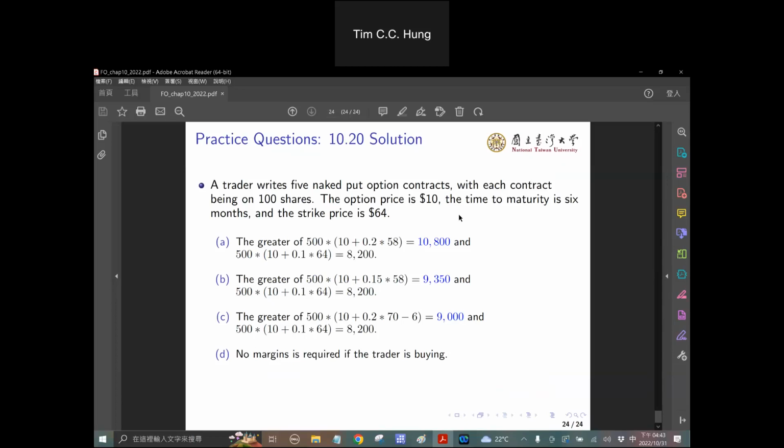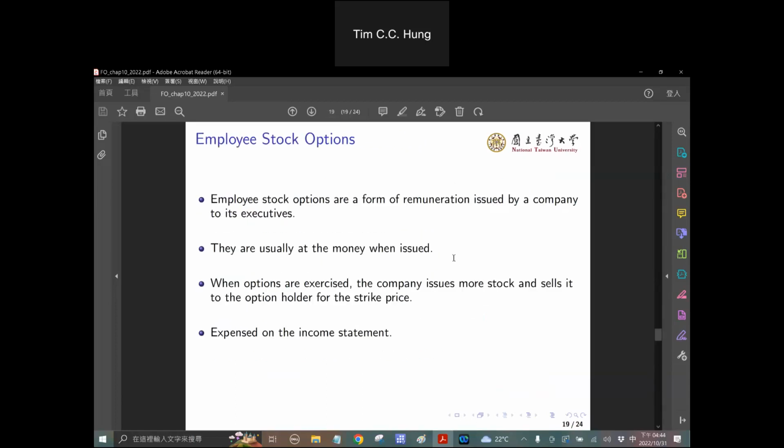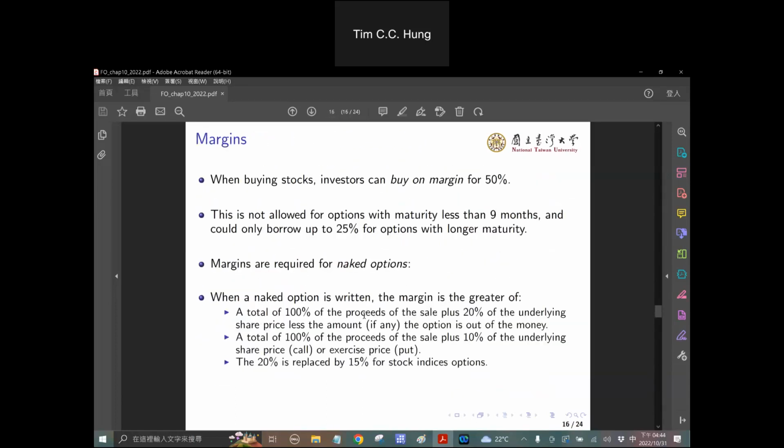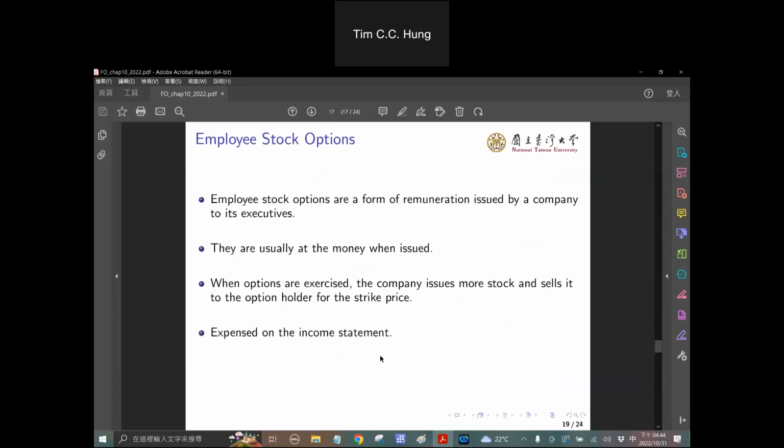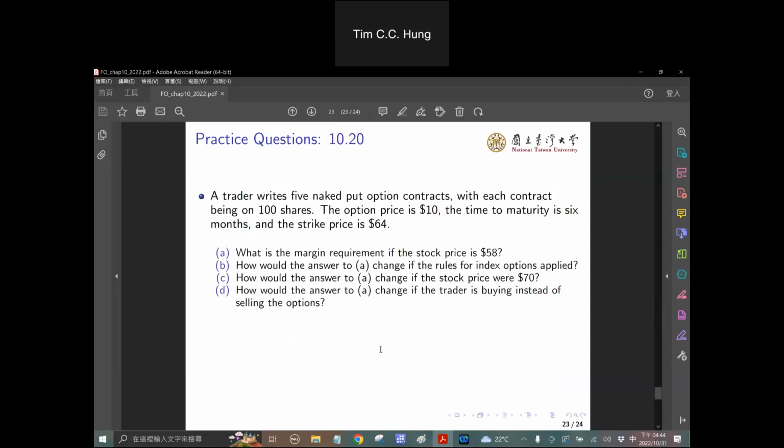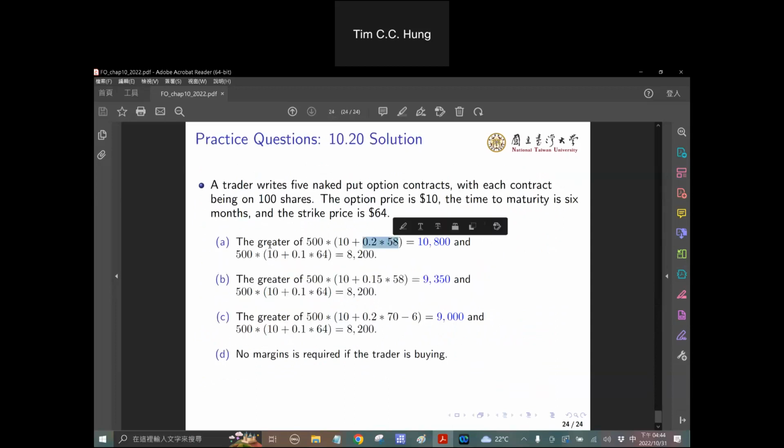So it's just $10, the option price itself, plus 0.2 multiplied by 58, the underlying price. Let's take a look at the rule once again. It's either 20% of the underlying price, or, for the put, 10% of the exercise price. So it's 20% of the stock price or 10% of the strike price.